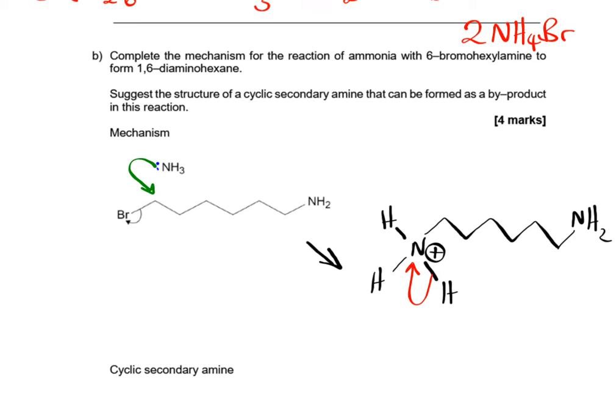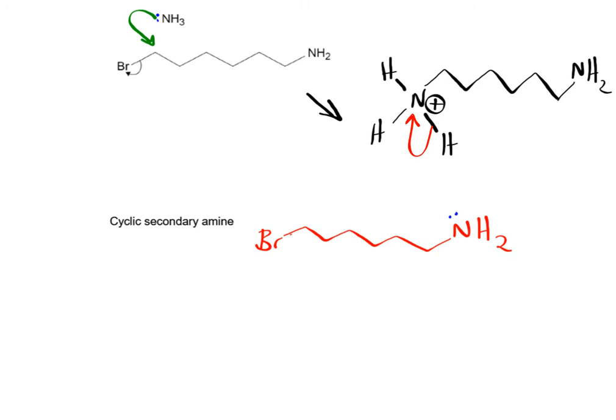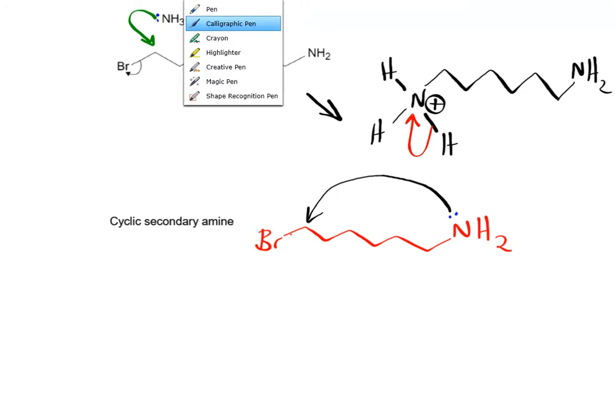So the secondary amine, which might be formed, so this is a really difficult one. The clue is that it's cyclic, and basically the amine end with its lone pair can act as the nucleophile. So the nitrogen is now going to be part of the ring.